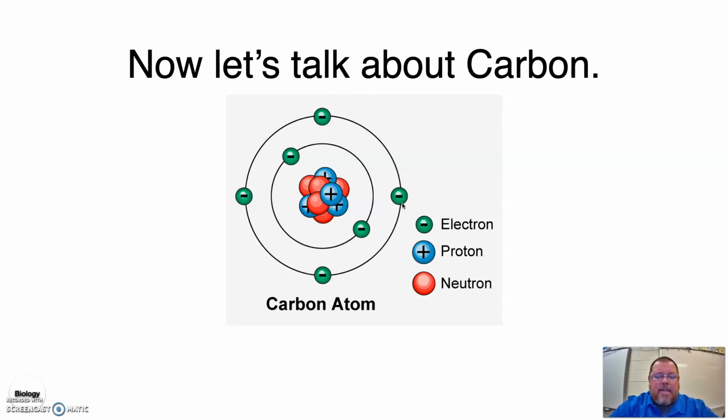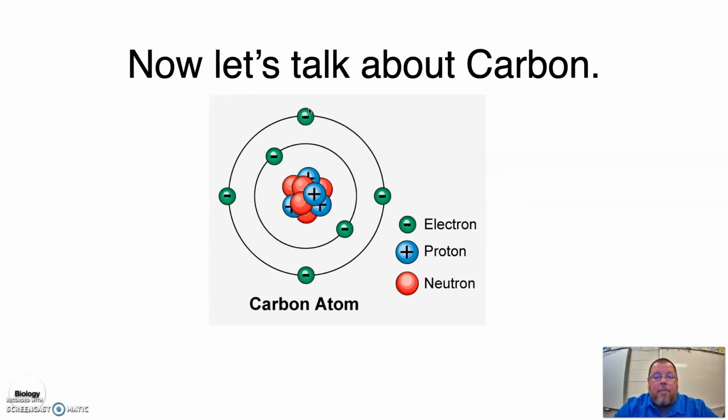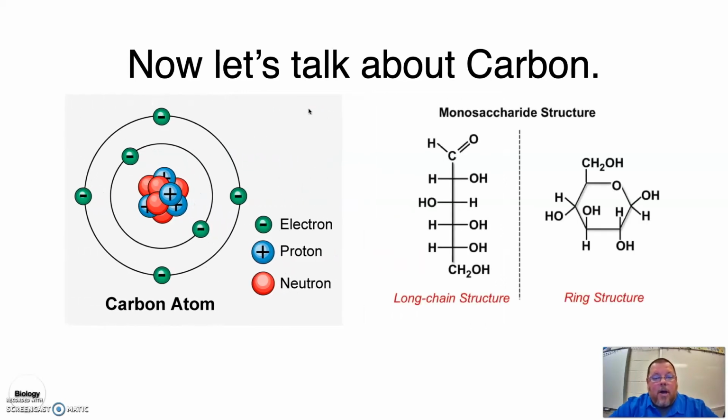Since this outer shell could hold 8 and carbon only has 4, it needs 4 extra electrons in order to be stable, which means that it can form 4 stable covalent bonds. This is an interesting and unique thing with carbon, that it can form bonds with other carbon atoms in rings or chains.